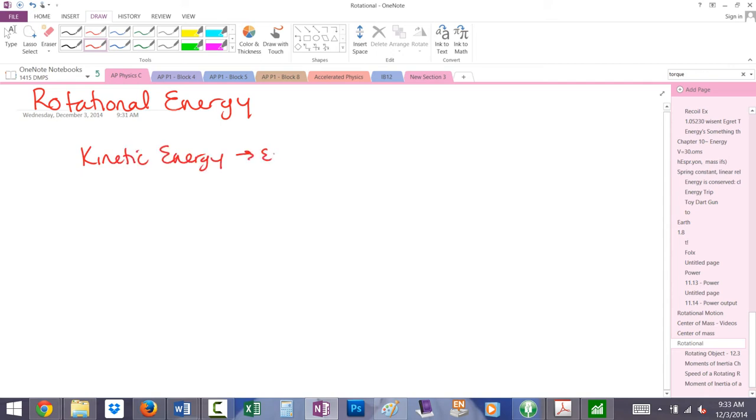And it has an expression, how do you find the kinetic energy? That v is what kind of velocity? Translational, right? That's the motion where you've got something that's actually moving.